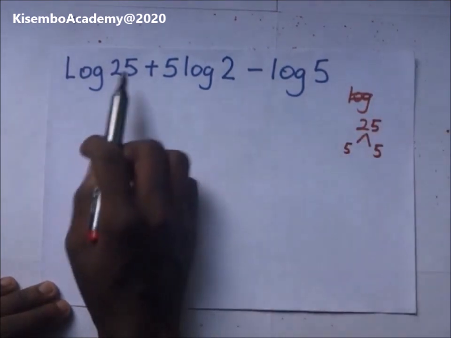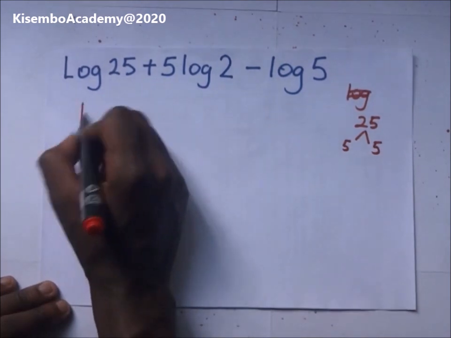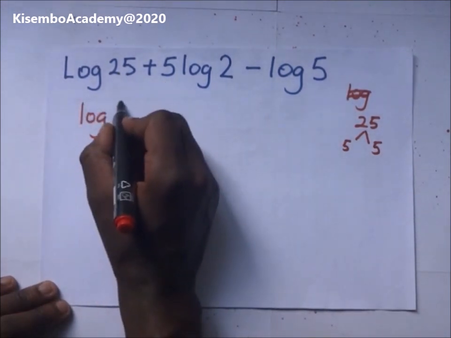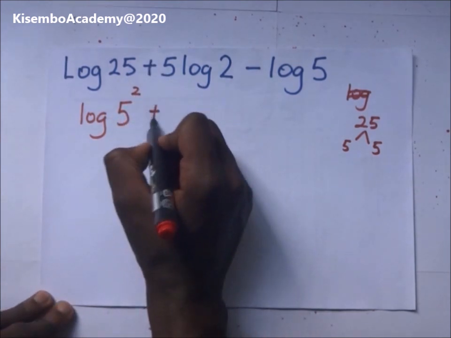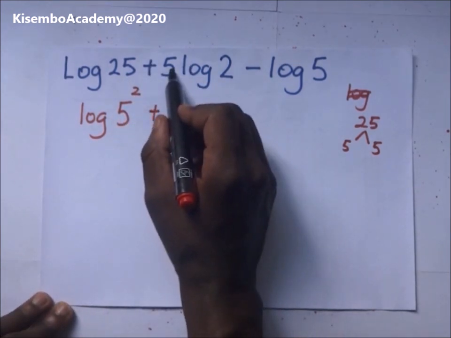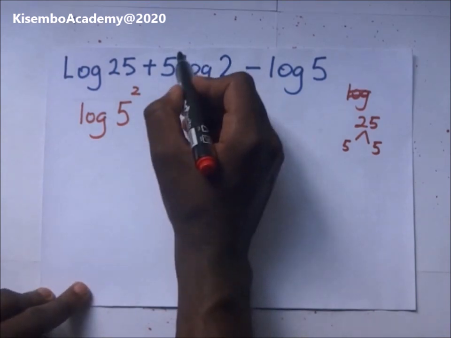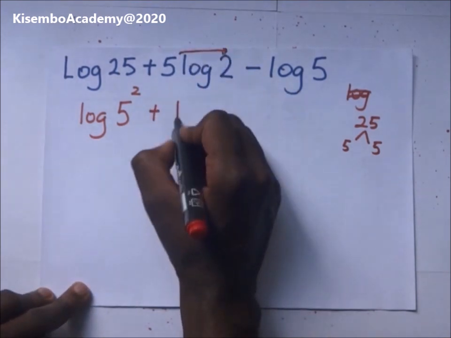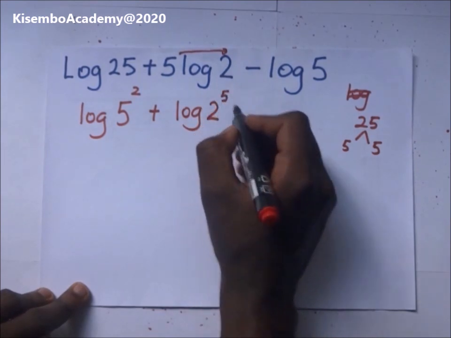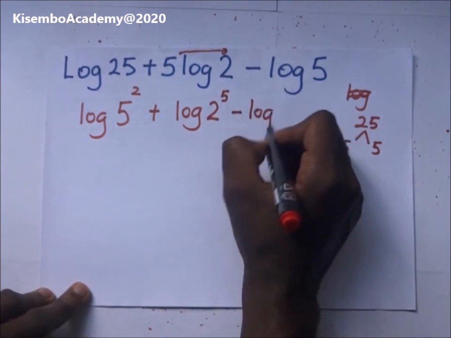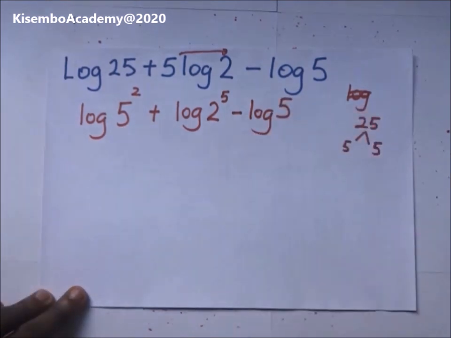So it means that this is the same as saying log of 5 squared plus, now this is 5 log 2. This 5 can be taken back up there, so it's becoming log of 2 to the power 5 minus log of 5.